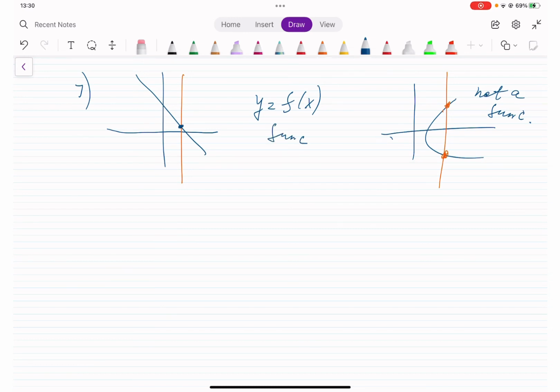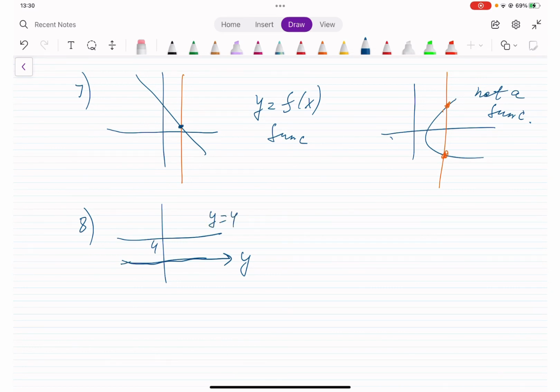Number 8. Now we need to test the vertical line on the graph. This type of graph. Let's say this is 4 and the graph is y equals 4, for example.